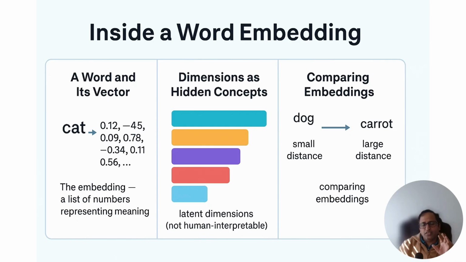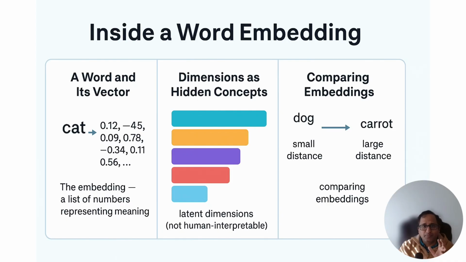We discussed this in the previous session, but let's go into this concept again. Every word embedding is just a list of numbers. For example, here we have the vector for cat, where we are saying it might look like 0.12, minus 0.45, some random numbers like 0.078, like that.